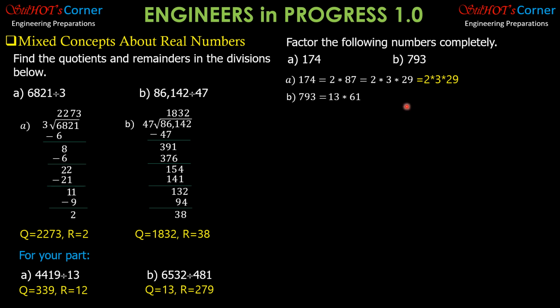For part B, 793. So let's try dividing it by 3 if 3 is a factor. So obviously it's not divisible by 2 and 5. Let's try 3. So 7 divided by 3 is 2. 2 times 3, 6.